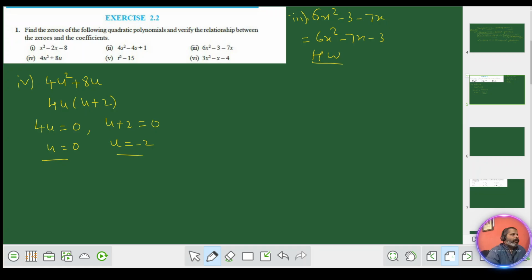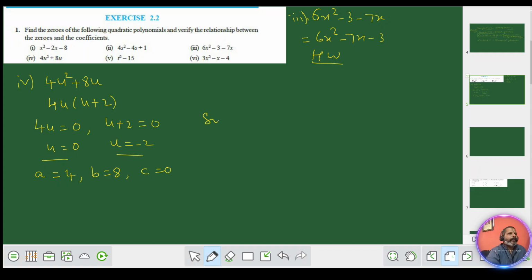Okay, now by comparing this with ax square plus bx plus c, we should extract the coefficients. Here we get u square, where the coefficient a is 4, b is 8 because of the u coefficient. We don't have a c term here, because ax square plus bx plus c should match with 4u square plus 8u plus, you can make it as 0, right? Then c becomes 0.